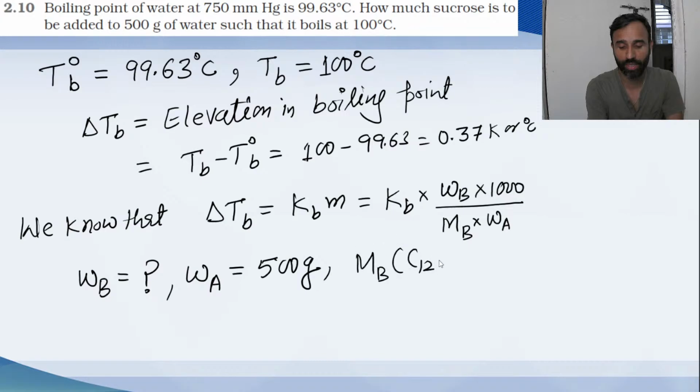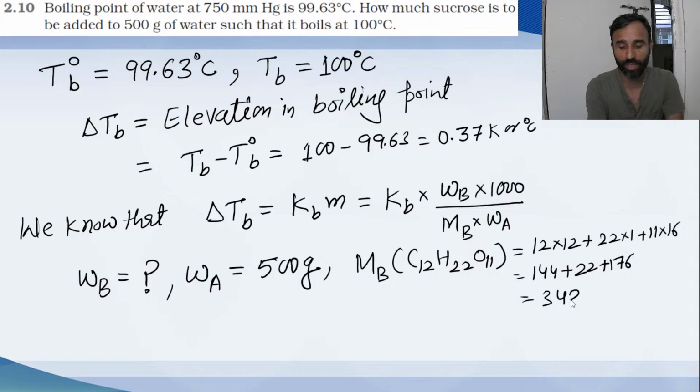What is sucrose? C12H22O11. So it is 12 into 12, 22 into 1, 11 into 16, 144, 22, 176. So it is 342 gram per mole.